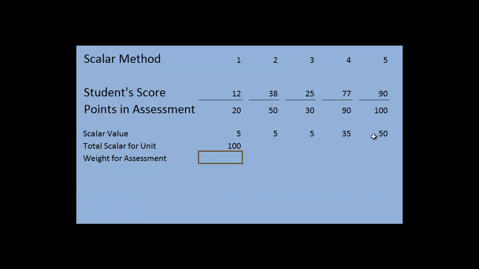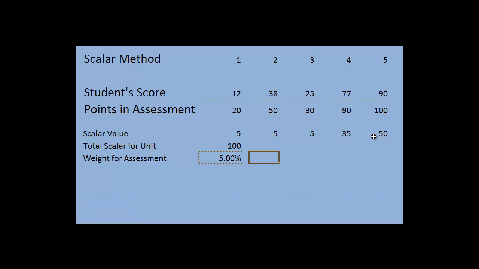So we'll get to the other couple of ways to look at it, but the weight now for this first assessment is essentially the scale value that was assigned to the first assignment divided by the scale value total for all the assignments. And we see that the first assessment is equal to 5% of the unit.